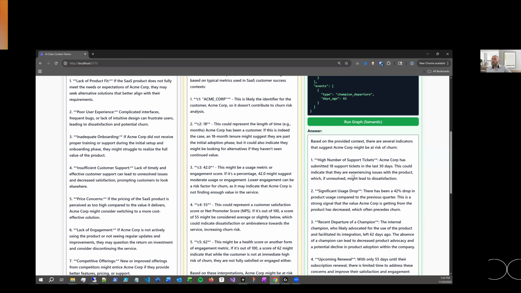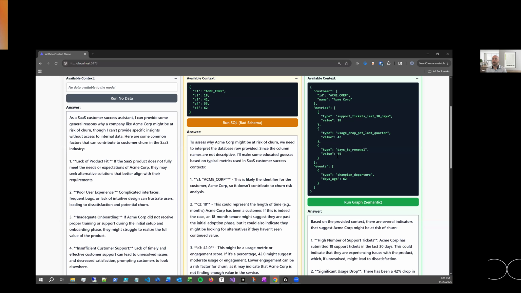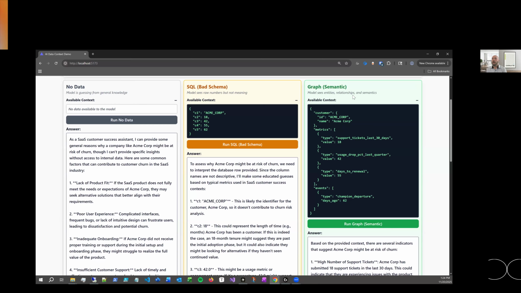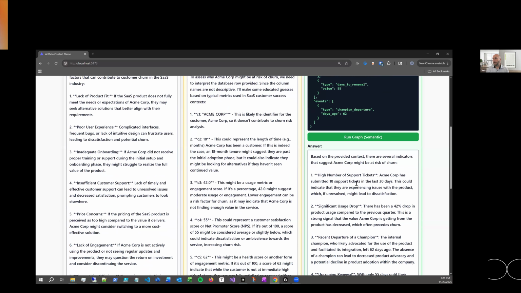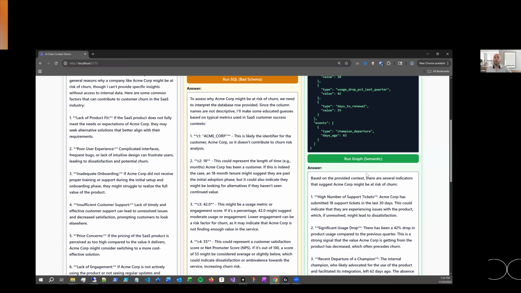And then lastly, of course, we've got the actual graph that we provided. And here, it's got some good answers, right? So Acme Corp has submitted 18 support tickets in the last 30 days. This could indicate that they are experiencing issues with the product, which, if unresolved, might lead to dissatisfaction, right? I mean, that's a good answer for that problem.